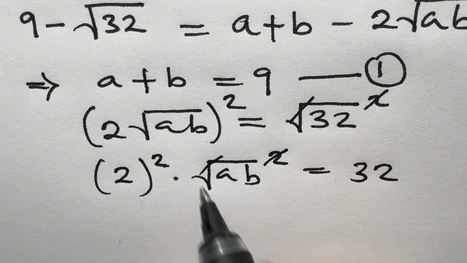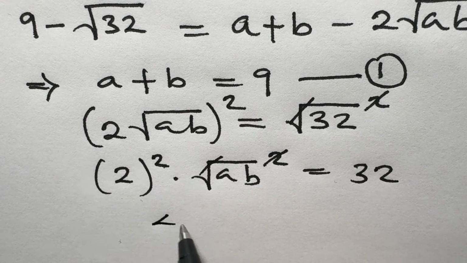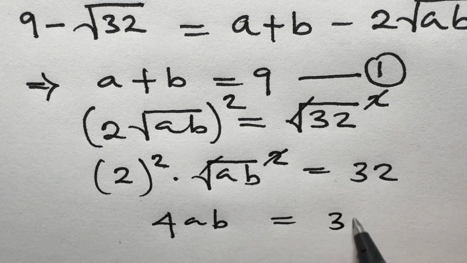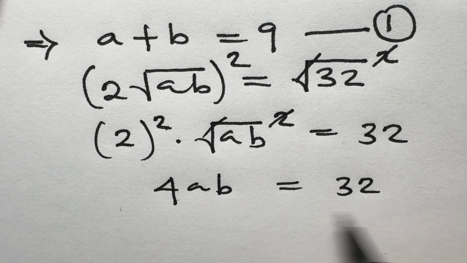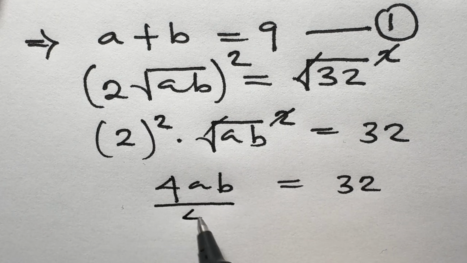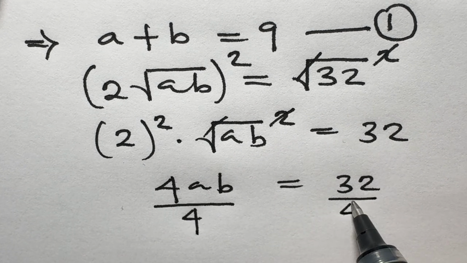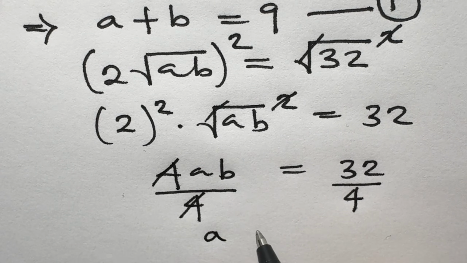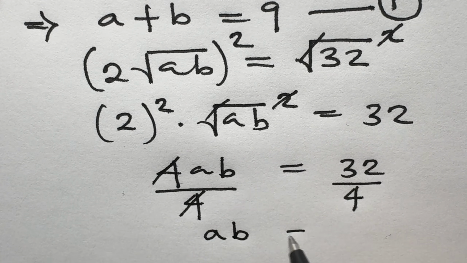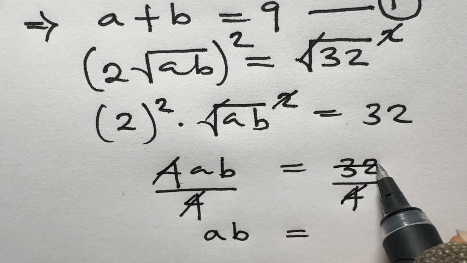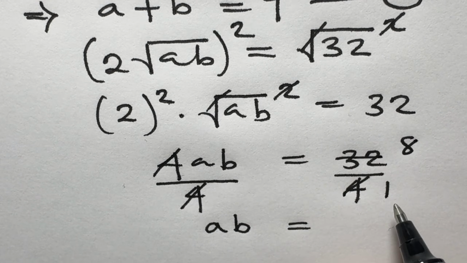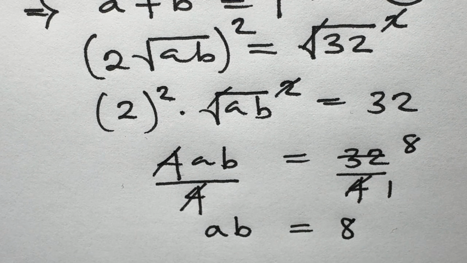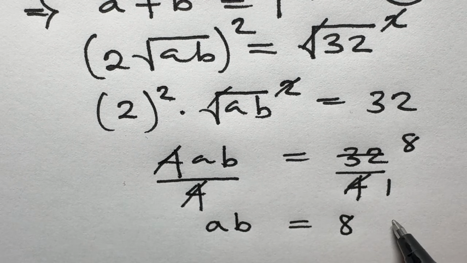This takes care of this. 2 raised to power 2 is 4, so we have 4ab is equal to 32. Let us divide both sides by 4. So 4 cancels 4 here. Then ab is equal to 4 here is 1, 4 here is 8. So ab here is 8. So now we have the second equation.